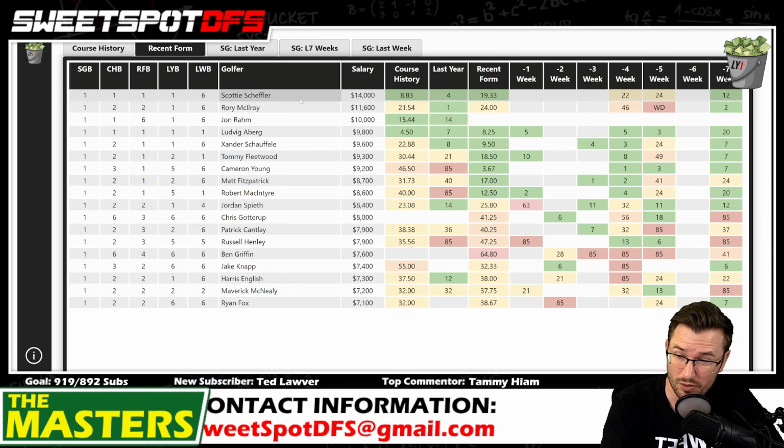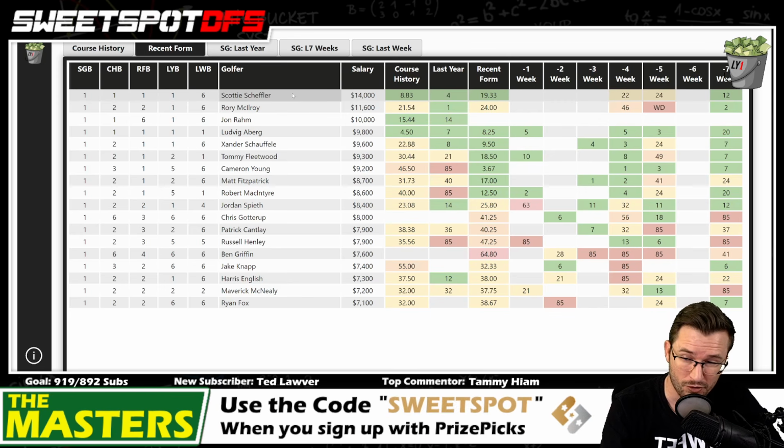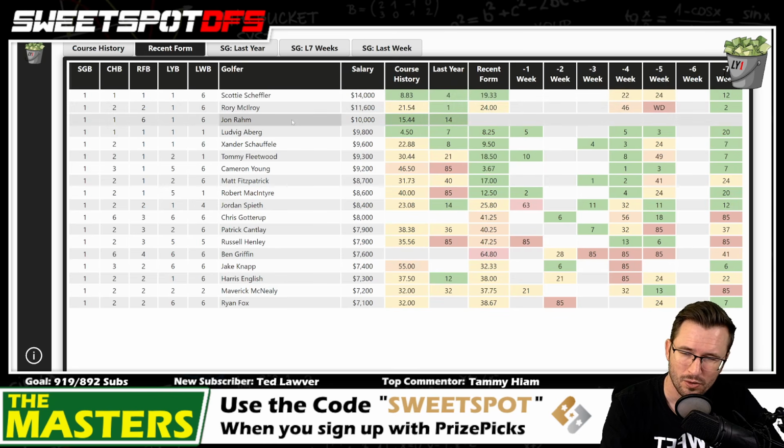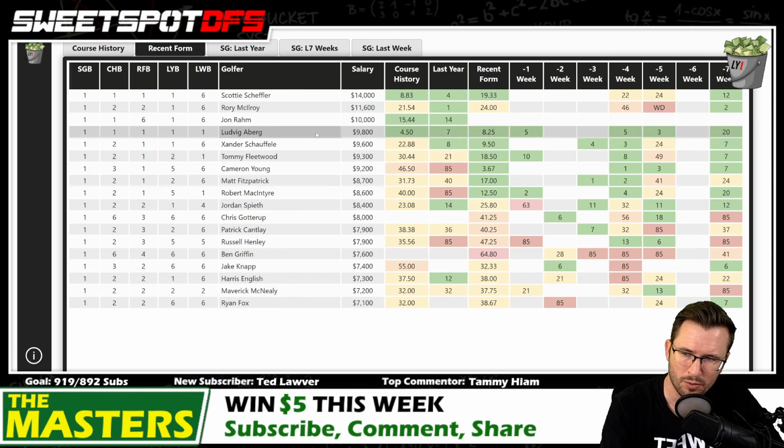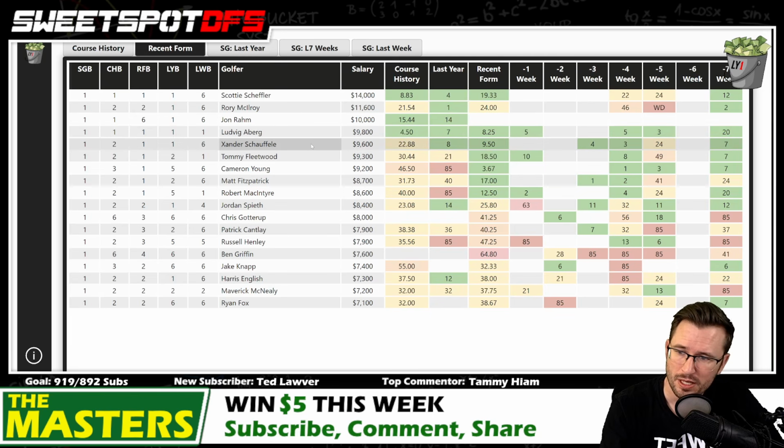So I guess if I were to go through this, if I put Scheffler at 20, Rory at 12, let's go Scheffler 18 and 12. I know I think I changed that before, but that's 30%. Rahm at like 24%, 25. Let's go 25. So we have 30 plus 25. That's 55. Let's do Oberg at say 15. So that's 70.